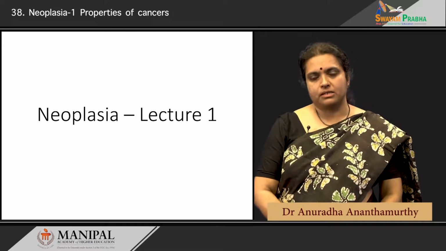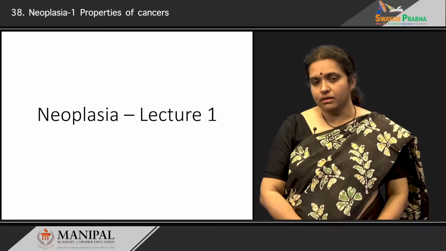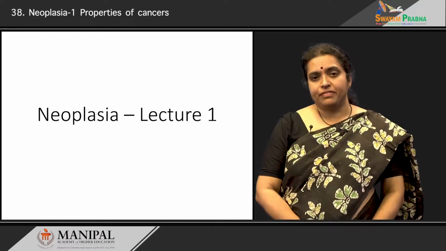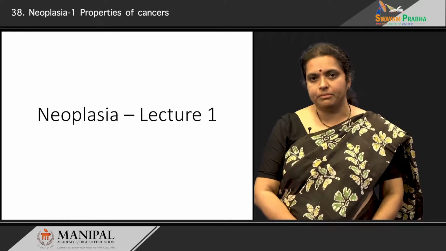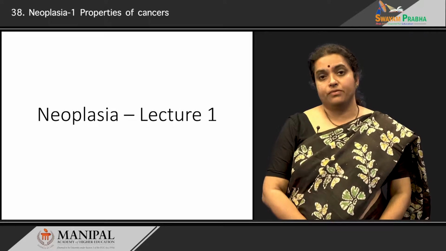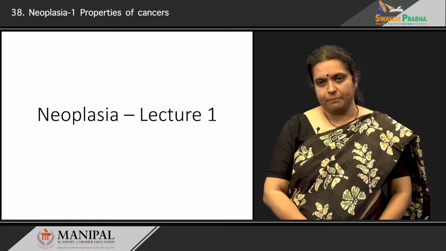It's also because they cause a lot of suffering or morbidity in the patients, and they affect the patients, the family members and the caregivers to a large extent, because it is a very difficult disease to treat and to overcome.